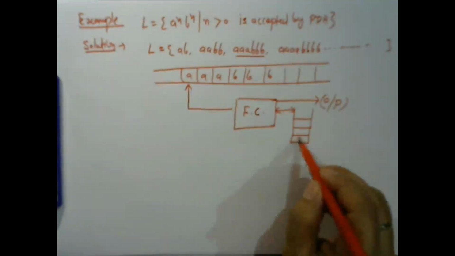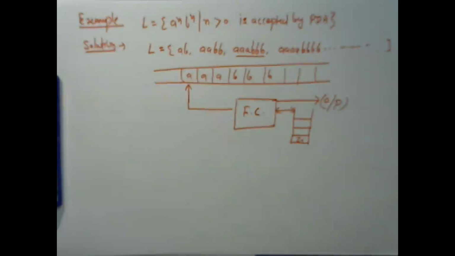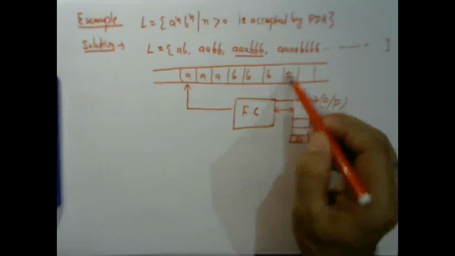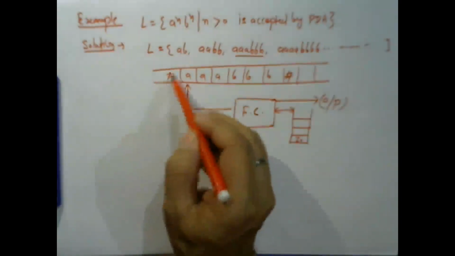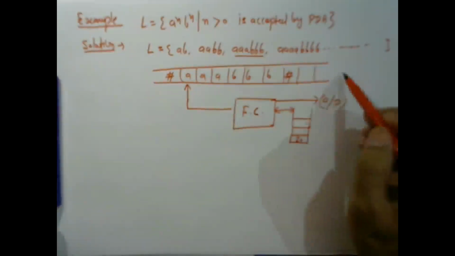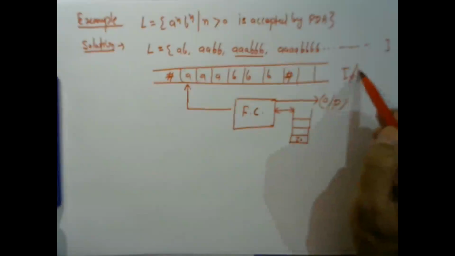In the stack, initially there is Z0, and there is a blank symbol, and there is also a blank symbol on the input tape.